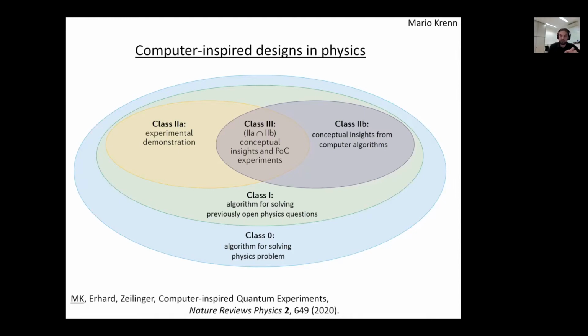Those algorithms are really exciting, and hopefully they can be applied in the future to open problems. Now, algorithms that actually can solve open problems, we could classify in class 1. Those results are, of course, exciting, but in order to be practical and really impactful, we actually want more.